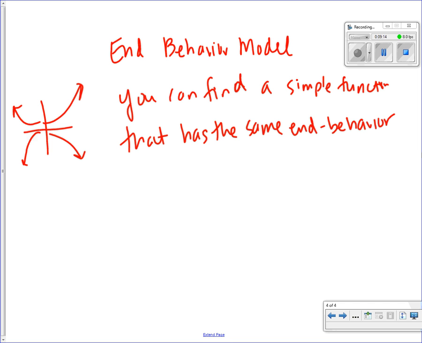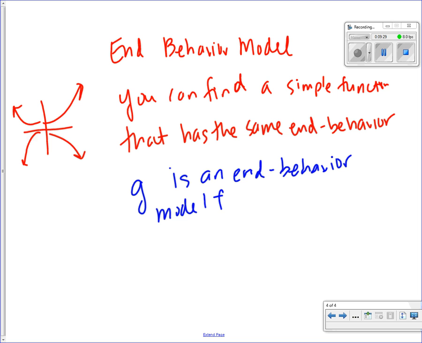As long as a function g is an end behavior model of function f, I should say of f, okay, let me say that again.